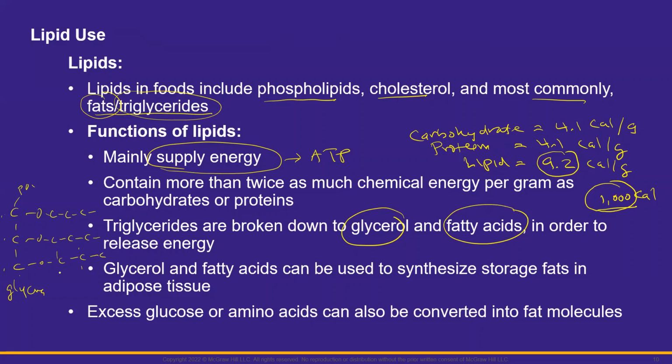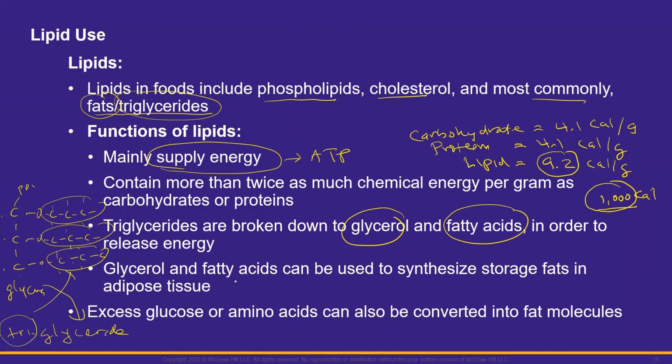Some of the fatty acids may be saturated, some may be unsaturated. So 1, 2, 3, therefore it's called a triglyceride: 3 fatty acids and 1 glycerol.